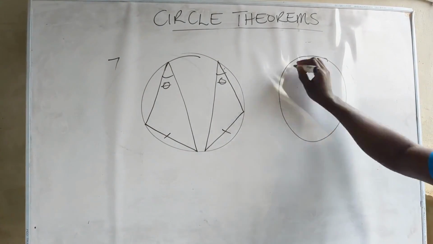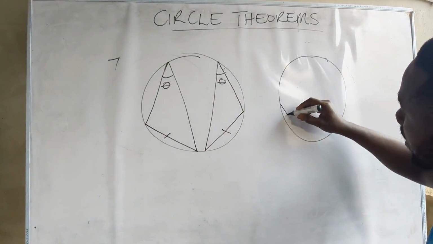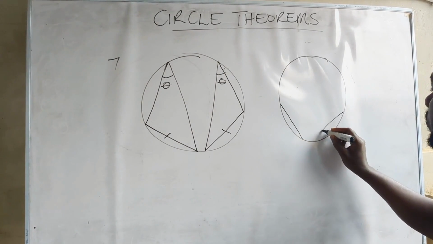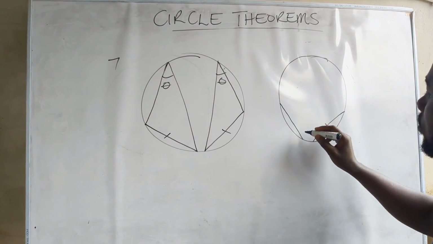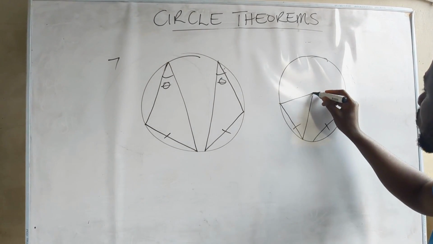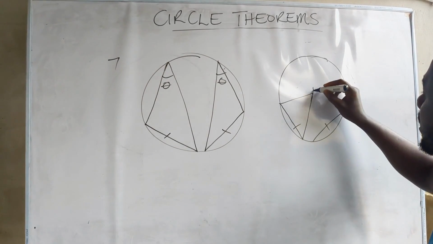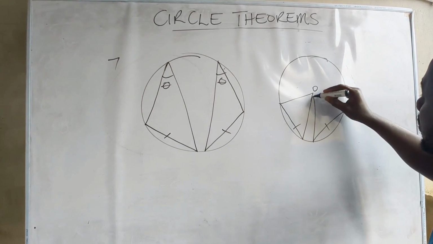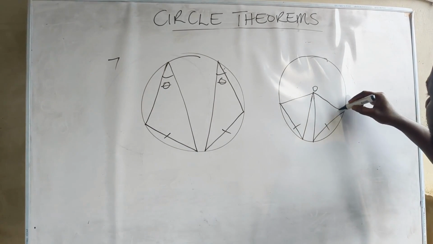Let's also talk about this. If I have equal chords, then these same equal chords will sustain the same equal angles at the center.